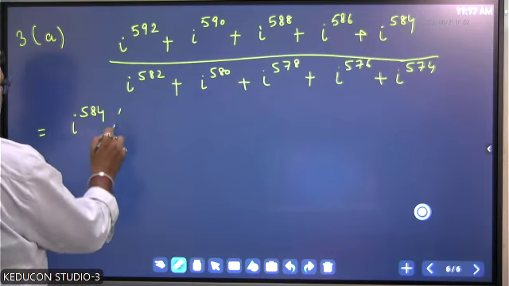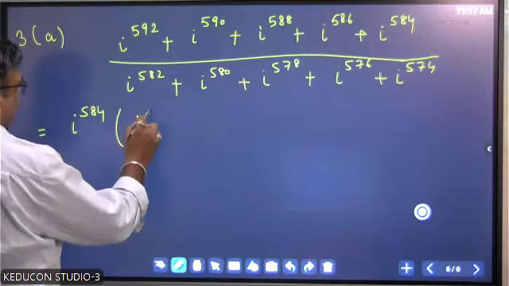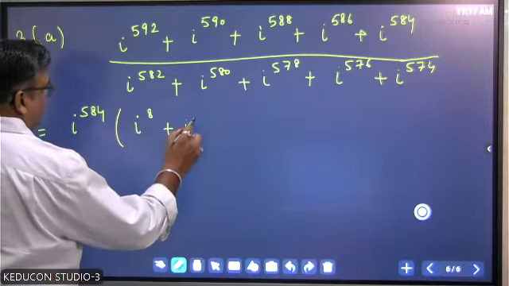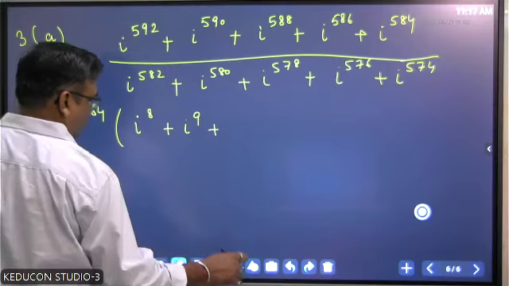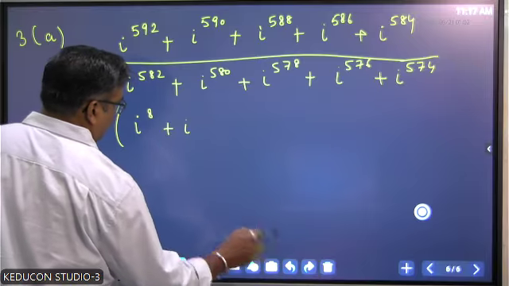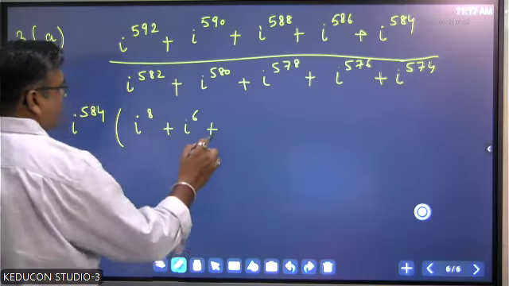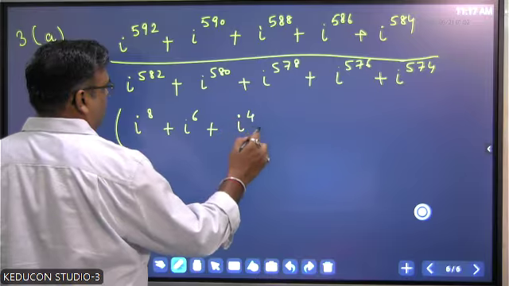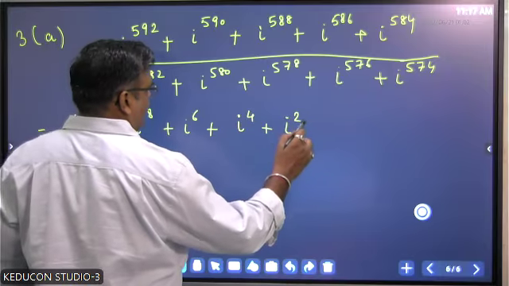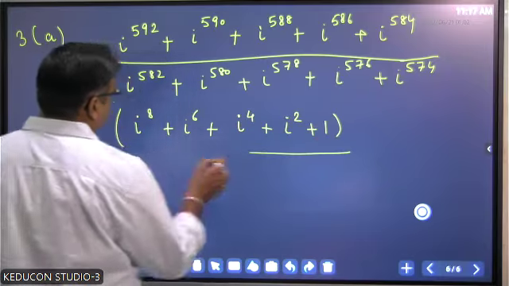Here 584, what we are left with here, plus 6 plus iota raised to power 4 plus 1.